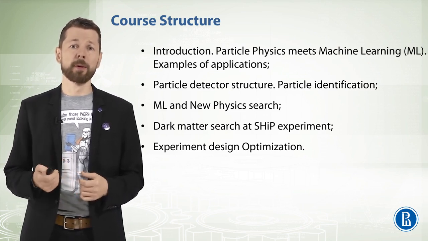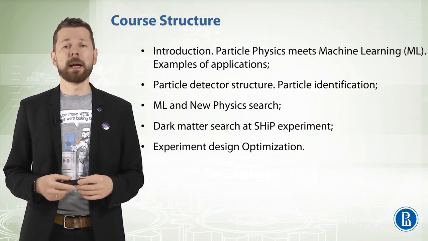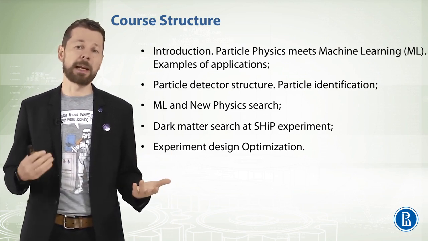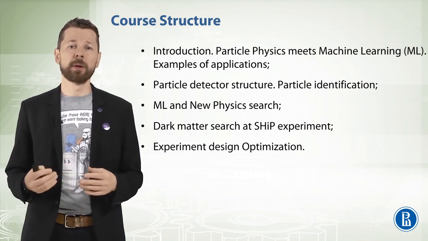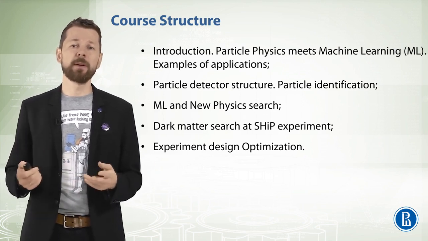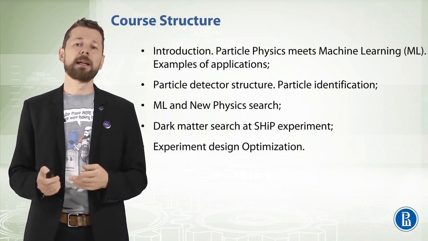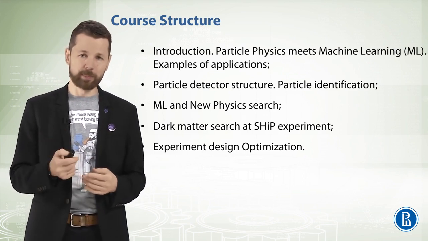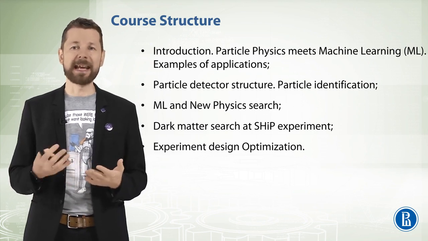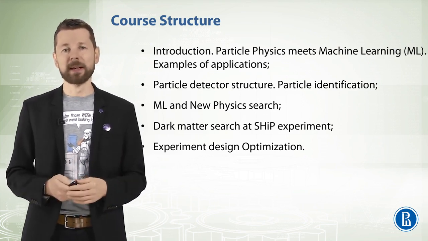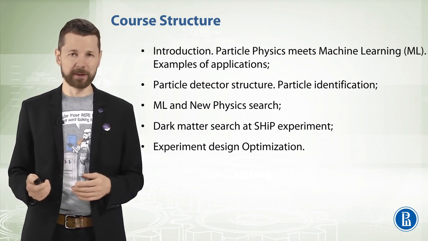So all of those 5 lectures will be a mixture of domain knowledge and machine learning. Hopefully the curriculum will help you to appreciate how specific techniques of machine learning can be used to help improve precision, accuracy and speed of data processing that happens in fundamental physics.